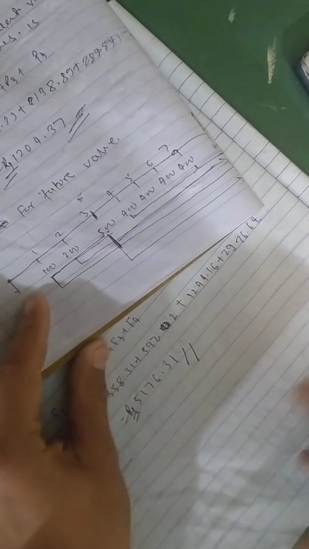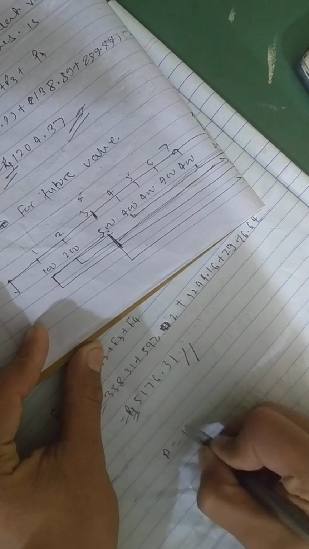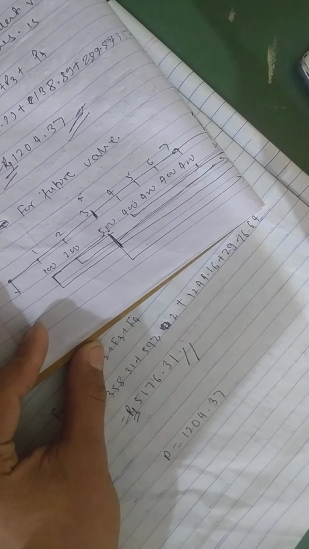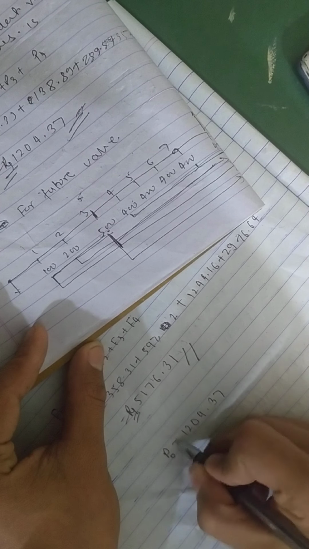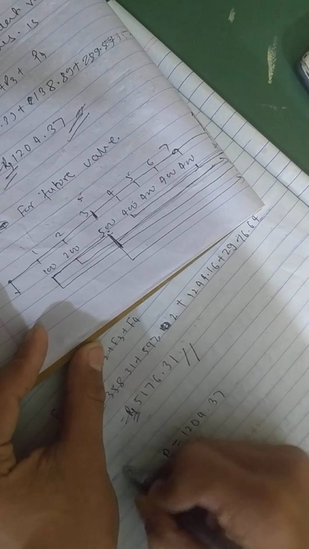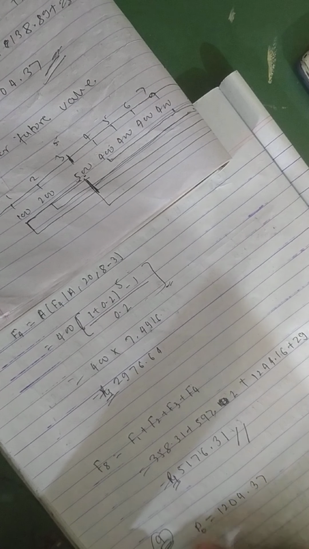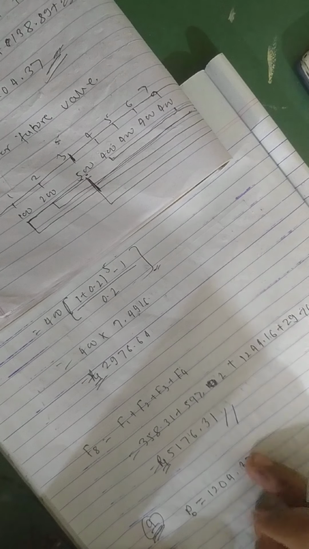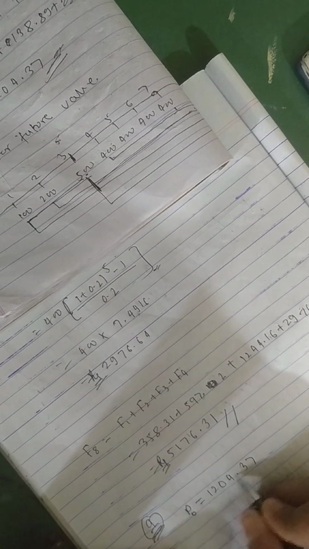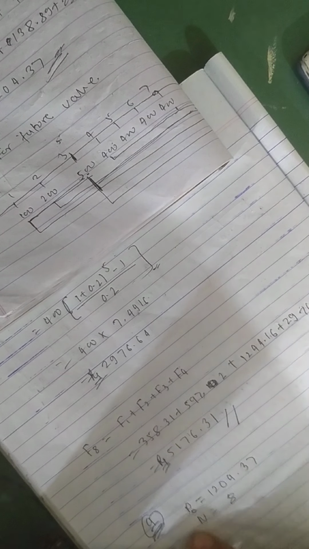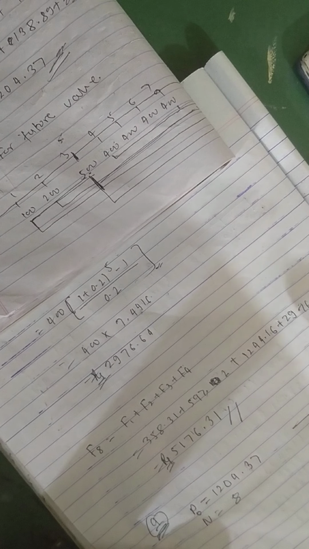Let's check it by using the simple formula, just for justifying to you. What is the present value in A? We find out the present value is 1204.37. Okay, now you have n is 8 years, from P naught to 8 years.